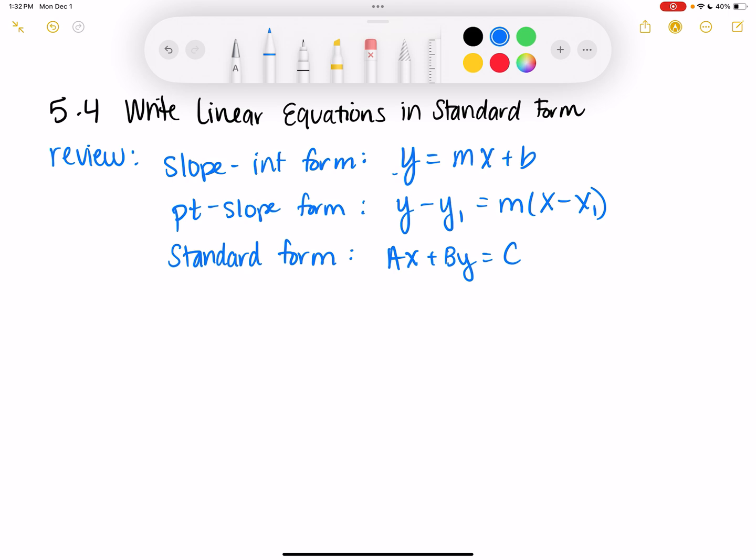So, one other thing here. Horizontal lines have the form y equals a.